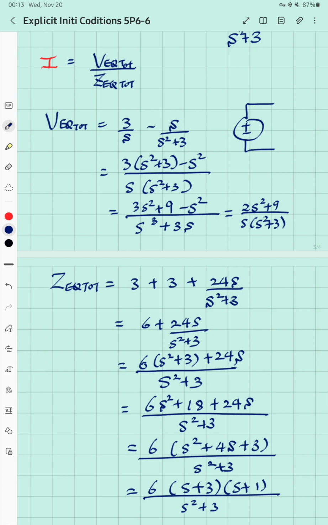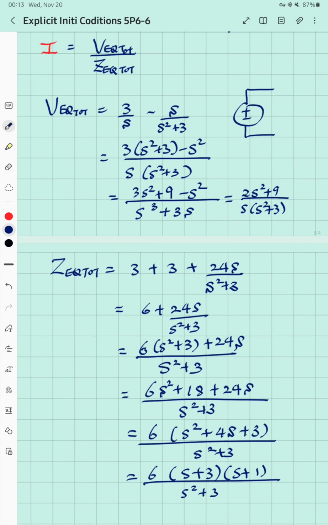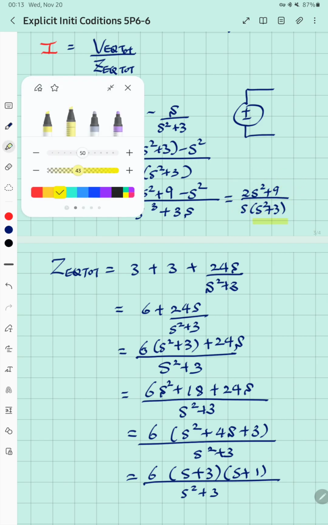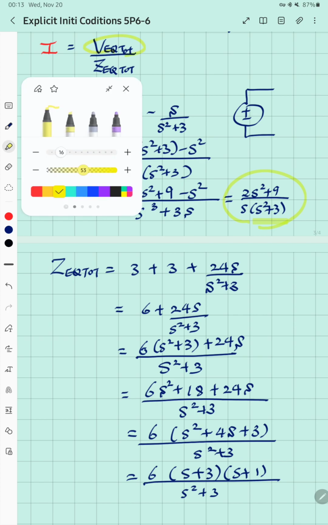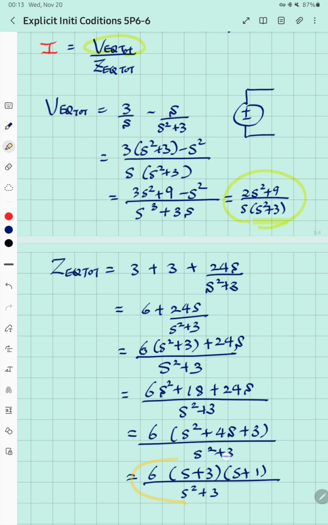And what is I? We said I would be this one divided by this one. So let's do that.